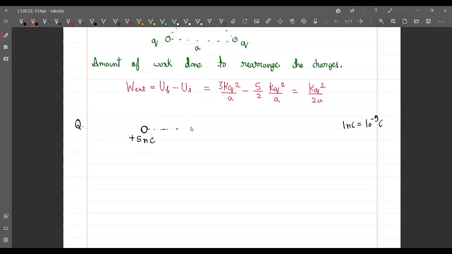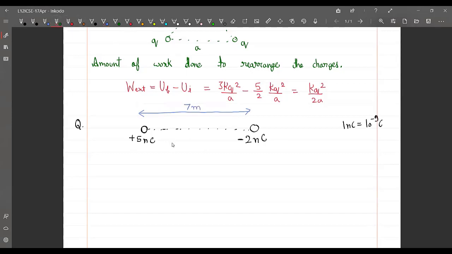So I have one charge as 5 nanocoulomb and another charge as, call it, minus 2 nanocoulomb. The distance between these 2 points is 7 meter.